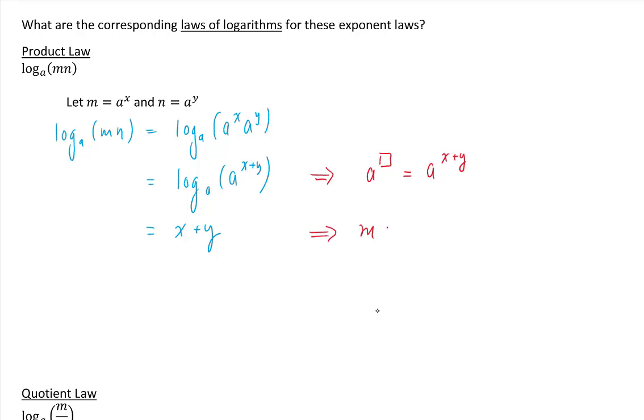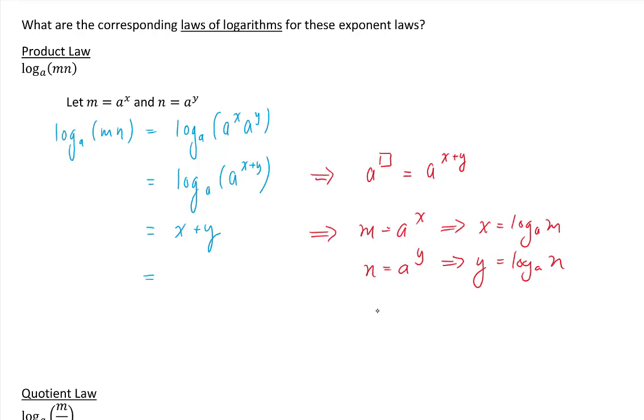Second thing, well, what are x and y? Recall that m was equal to a to the exponent of x. Well, that is the same thing as x is equal to log base a of m, and n was equal to a to the exponent of y, which is the same thing as y is equal to log base a of n.